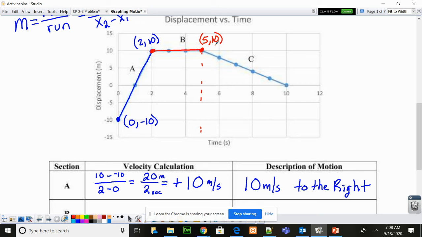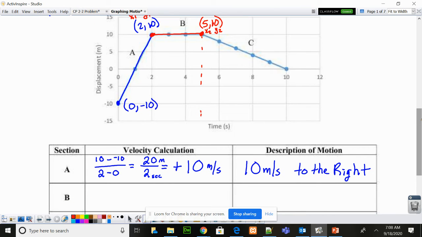I'm going to call this point 2, so this would be x2, y2, and this would be x1, y1. I'm going to call that point 1 this time. So I would have y2 is 10 minus y1 is also 10, over x2 is 5 minus x1 is 2. So I end up with 0 over 3, so 0 meters per second.